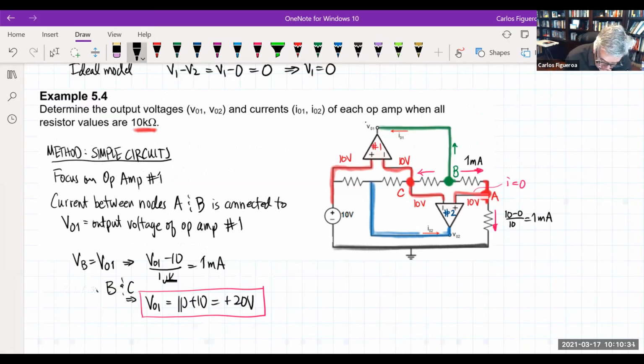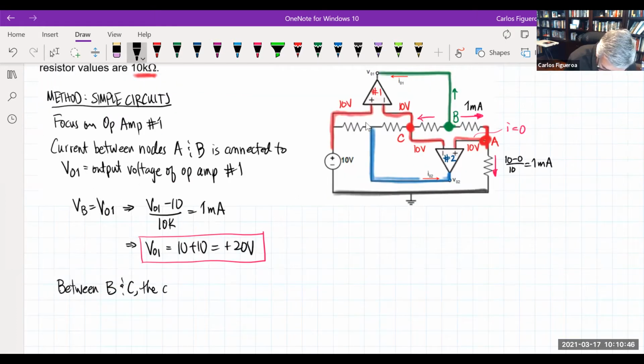So now, between B and C, the current is VB minus VC is going to be 10K times the current between BC here. So I know what B is. So this tells me that this is 20.